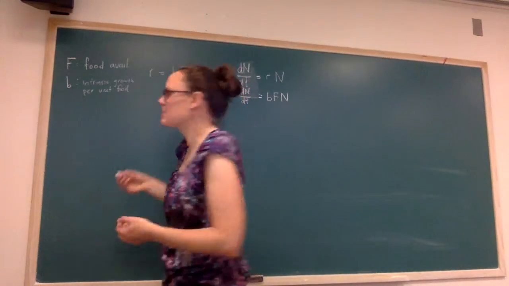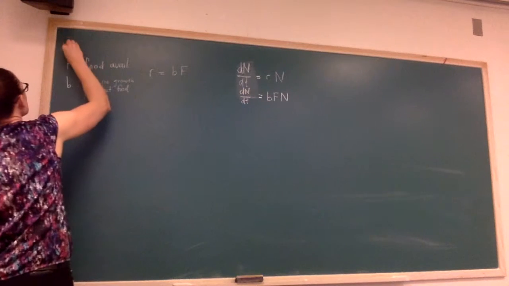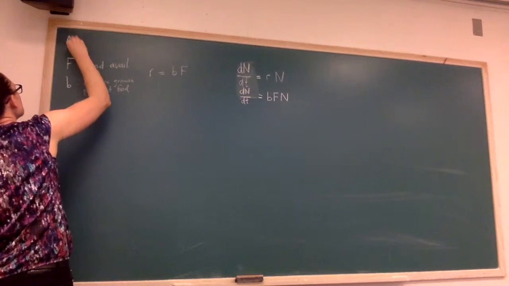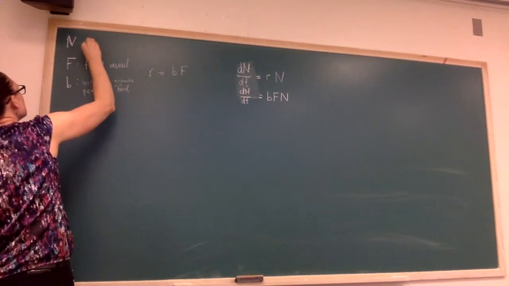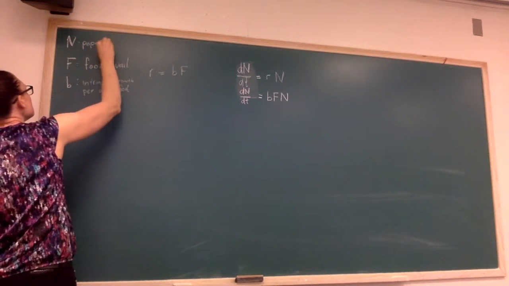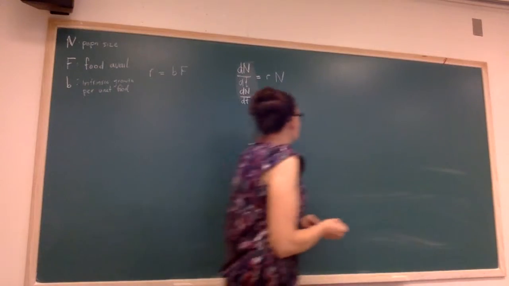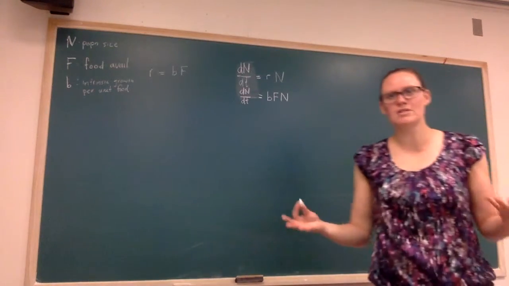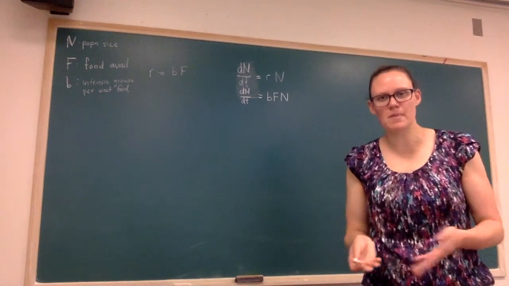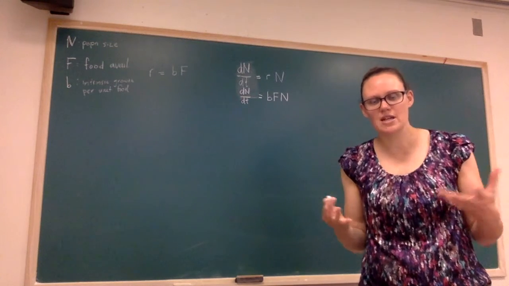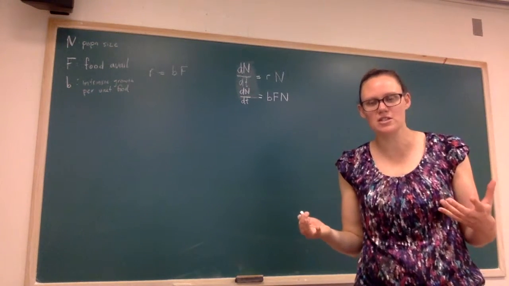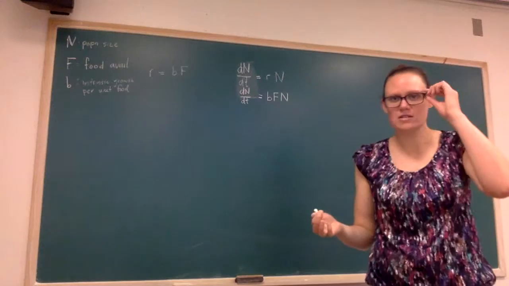N is your population size. So far what we've said is that the intrinsic rate of growth depends on food. We haven't said anything about how the amount of food changes with population size.